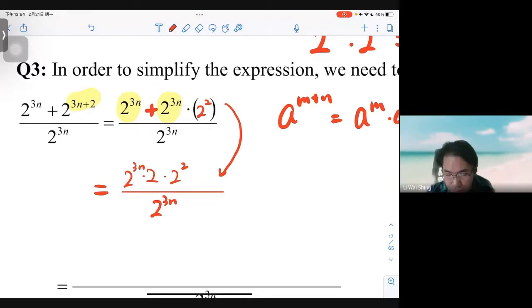You change the plus sign into multiply sign, but okay, something is not correct here.